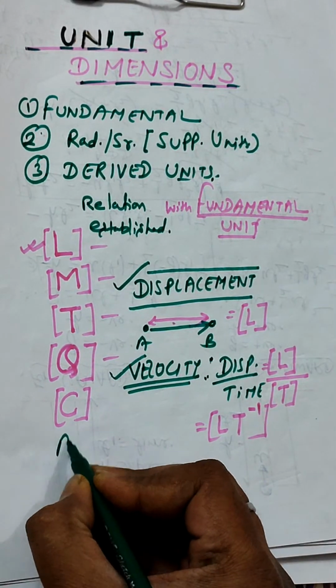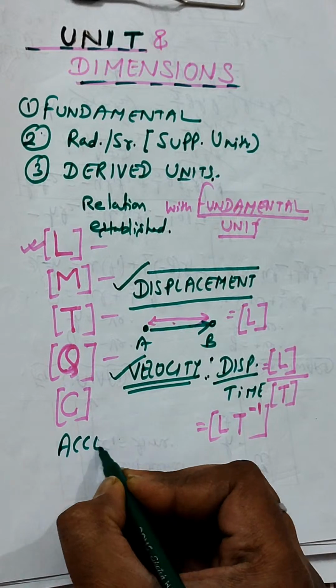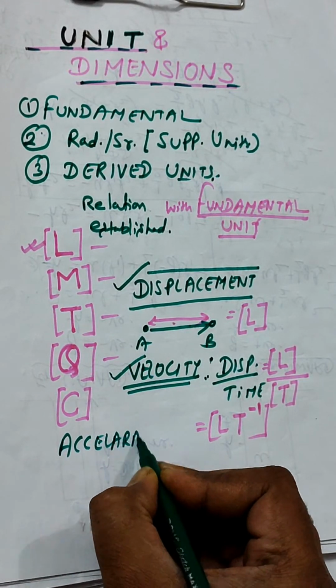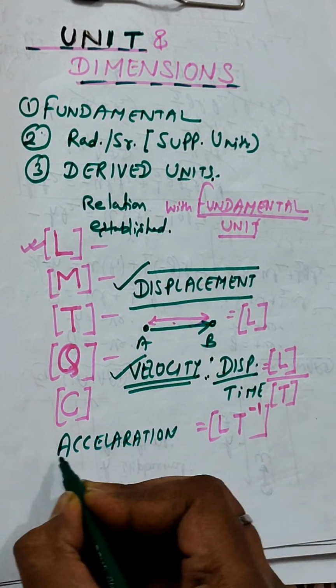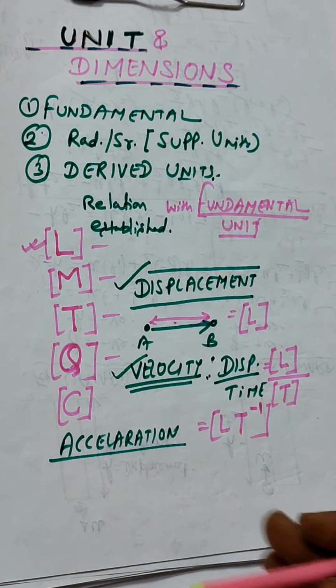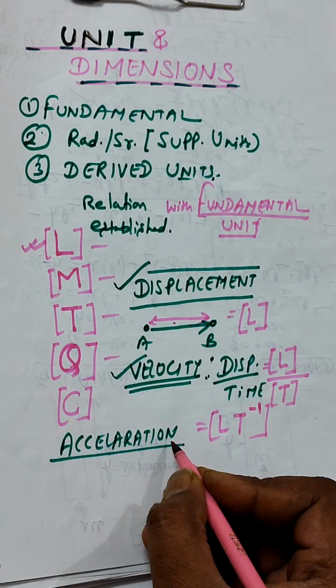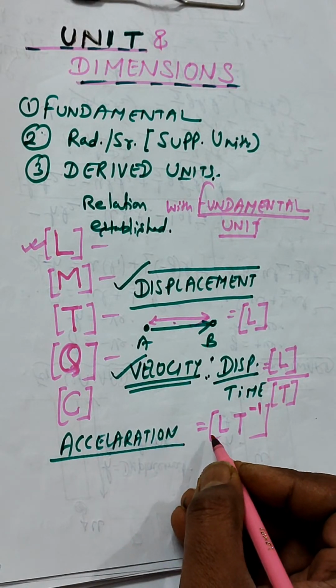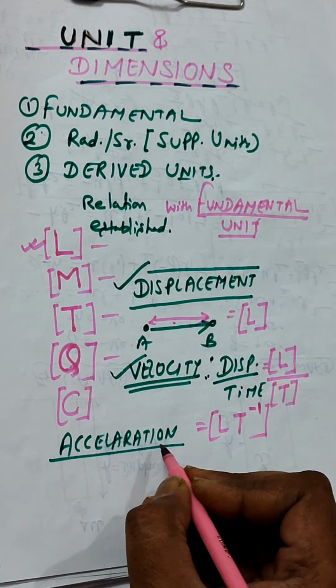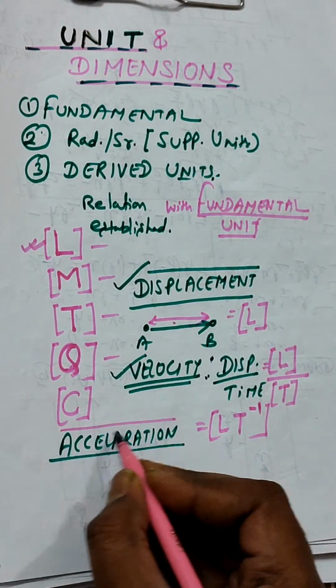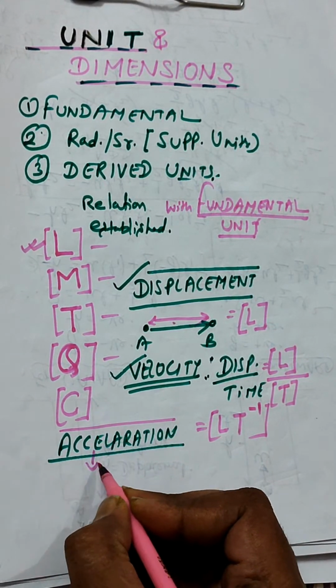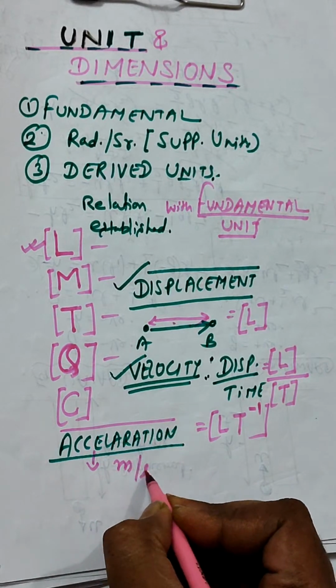What is the acceleration? What is the formula of acceleration? The formula of acceleration is velocity by time, that is, displacement by time square. If you forget how to calculate the dimension, just remember the unit of that particular physical quantity. The unit of acceleration is meter per second square.